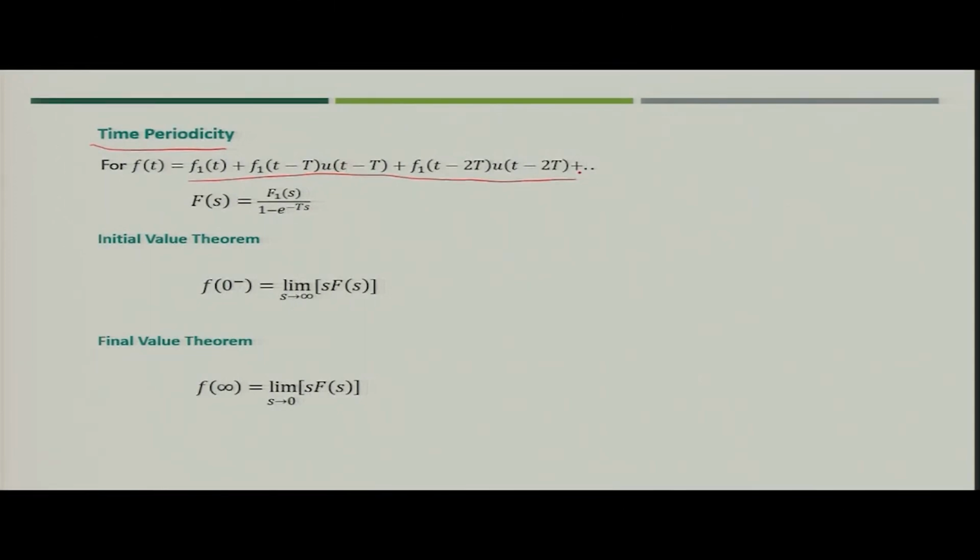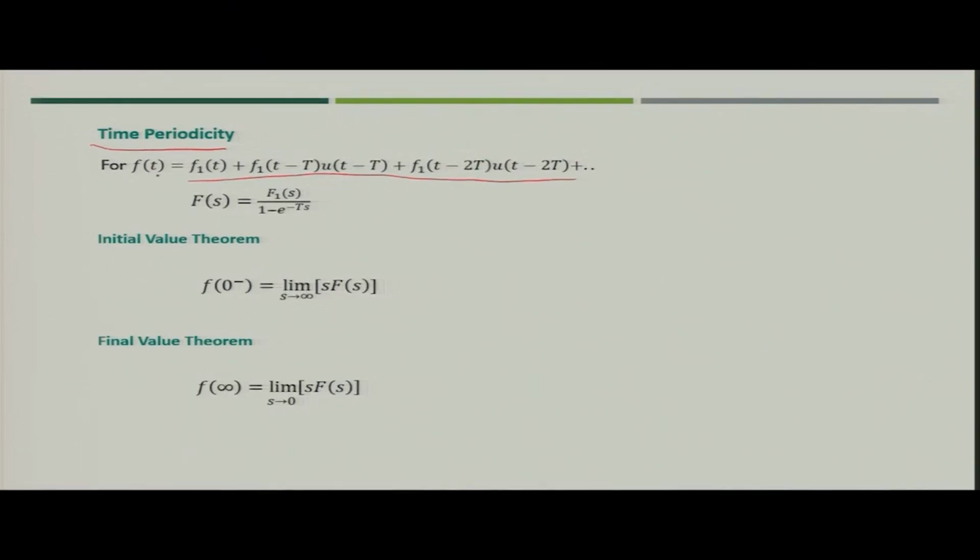So, you can represent a periodic function as a combination of various functions, and the first function is the value of this periodic function at first time period, and then others will be the first function with time shifts. So, this is time shifted by T, then time shifted by 2T and so on.